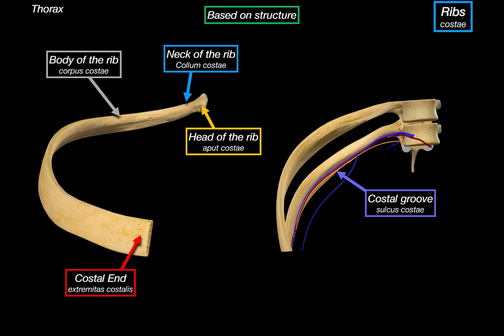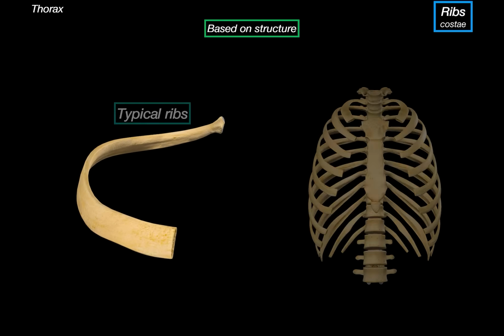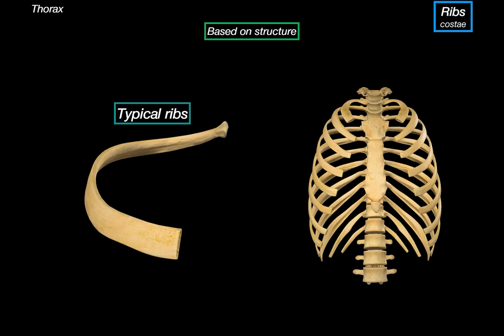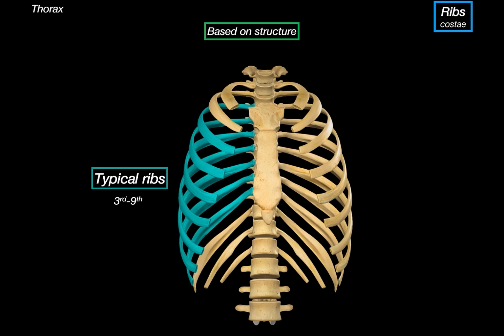This groove contains the intercostal vein, artery, and nerve, as you see here. So these are the general structures of what we call a typical rib. Most ribs, especially ribs 3 to 9, have all the structures we just went through, so we call them typical ribs. Atypical ribs, like the 1st and 2nd, and also the 10th, 11th, and 12th, have some slight variations.